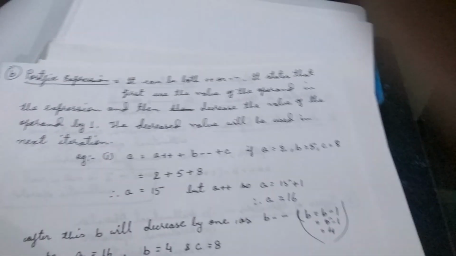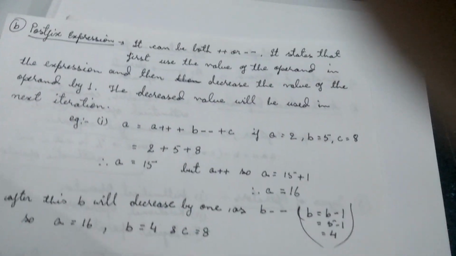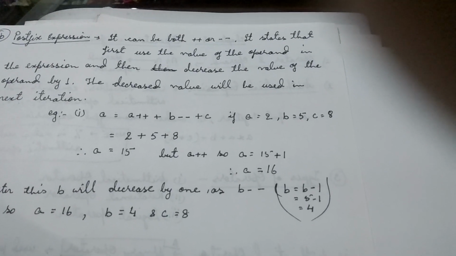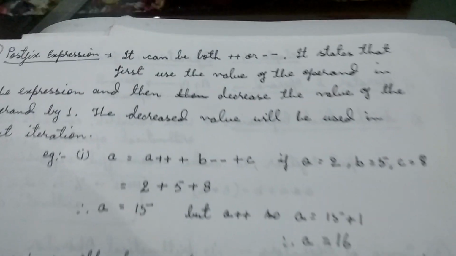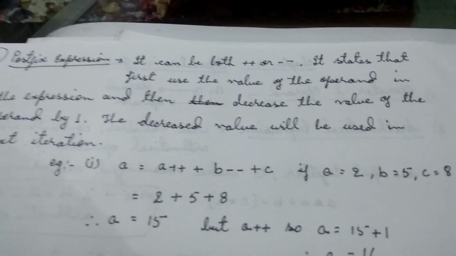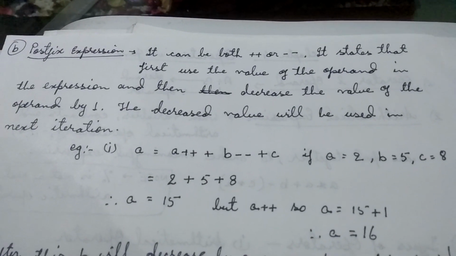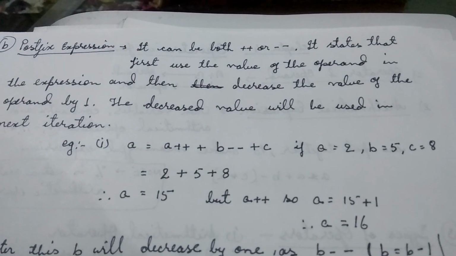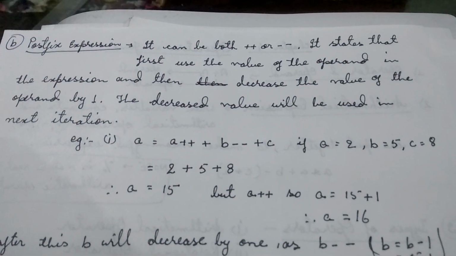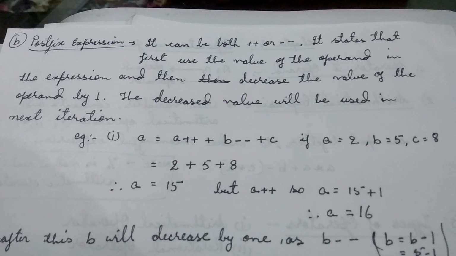Let us see the postfix expressions. The postfix expression can be either plus plus or minus minus. It states that first use the value of the operand in the expression and then increase or decrease the value of the operand by 1.